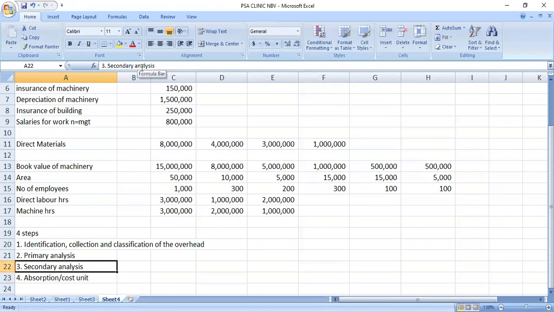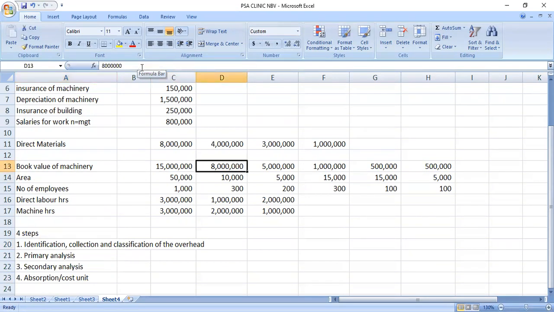Okay, so under ABC, these two steps, especially step 2, it is split. They tell you what you actually do, that you are supposed to identify the cost drivers of that particular overhead, and then you determine the rate or the absorption rate as far as the ABC is concerned, which is basically got by the portion.